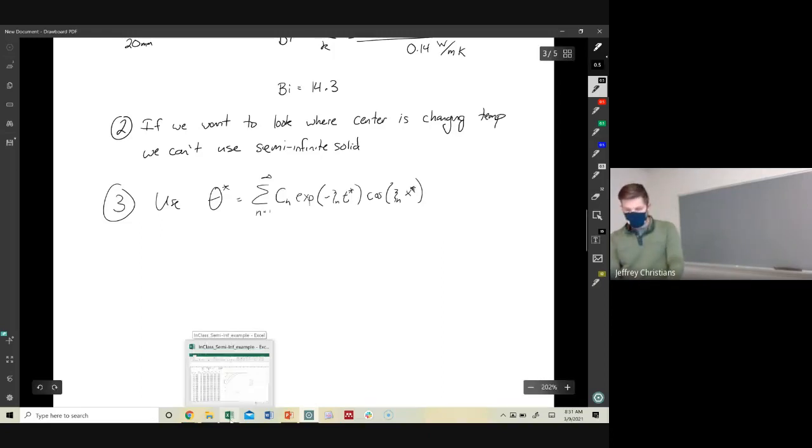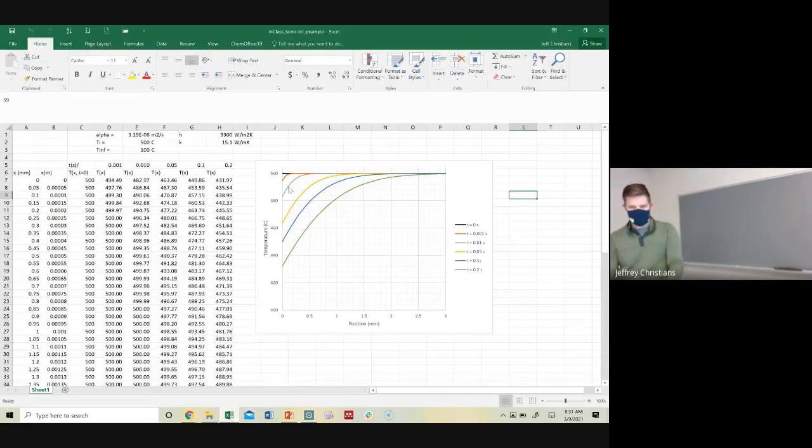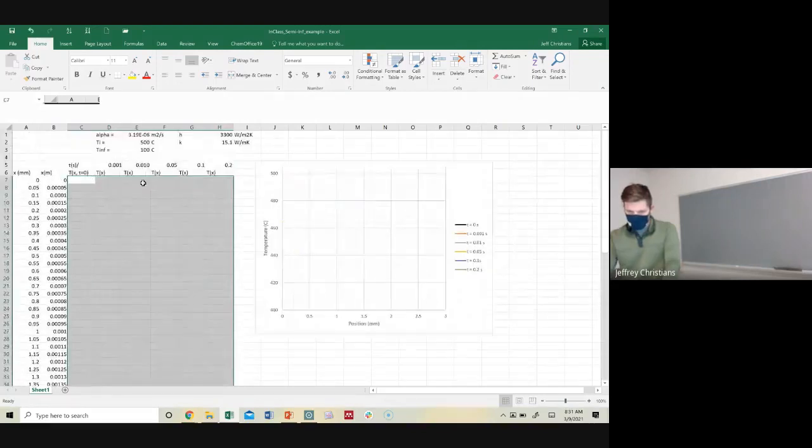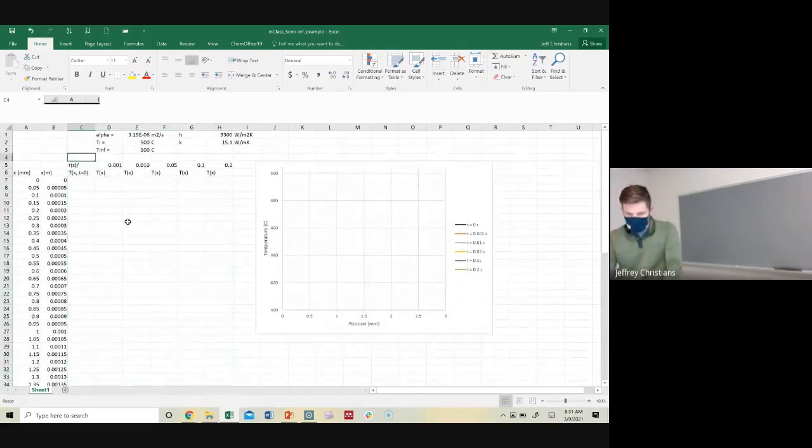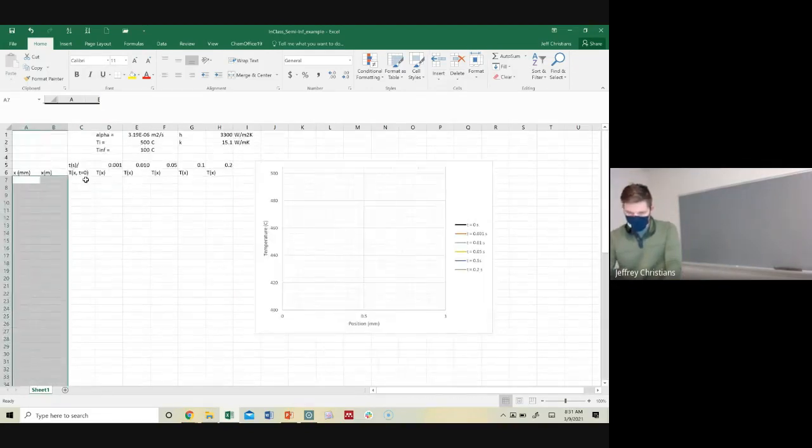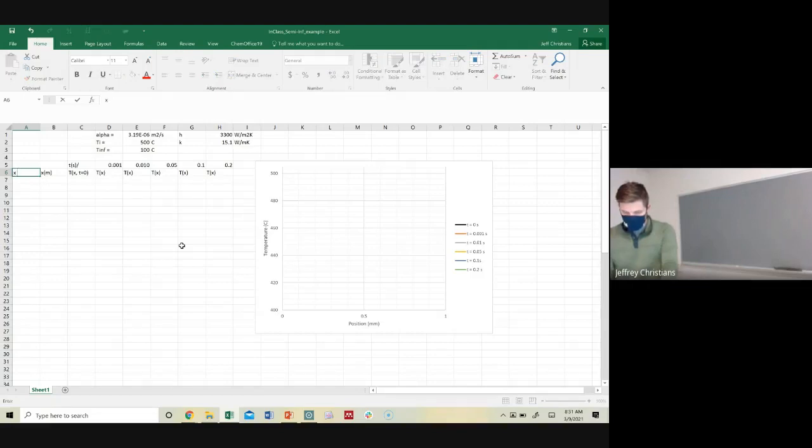I'm going to pull up an old spreadsheet because it's already somewhat formatted and has a graph that's formatted. I'm just going to delete all of this stuff. So we're going to want, I guess, a column of x in millimeters.